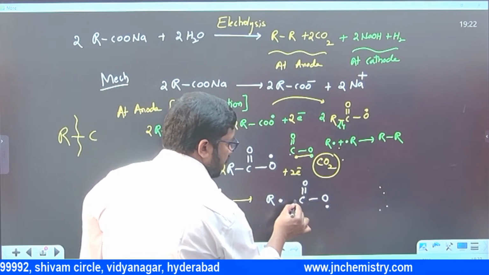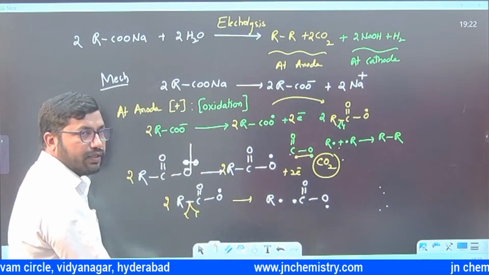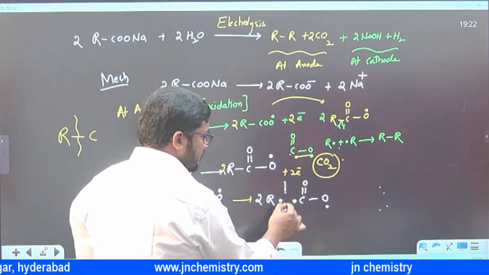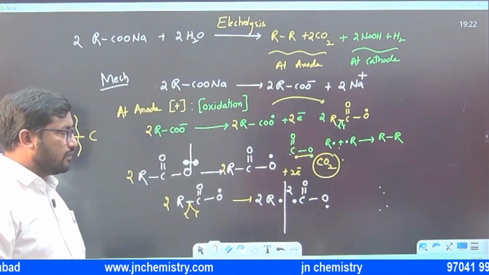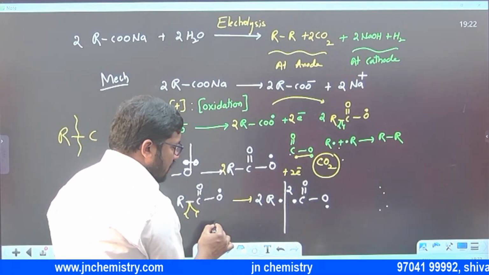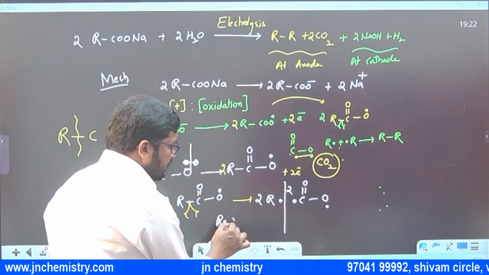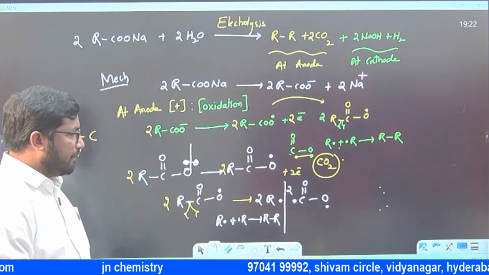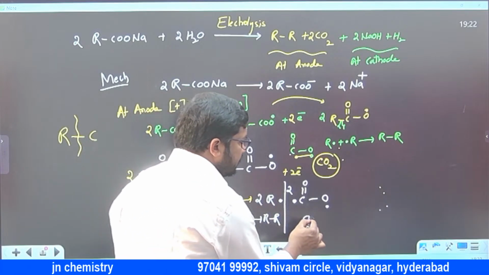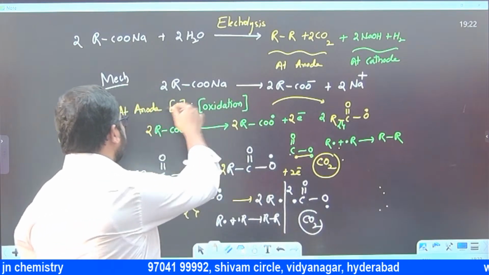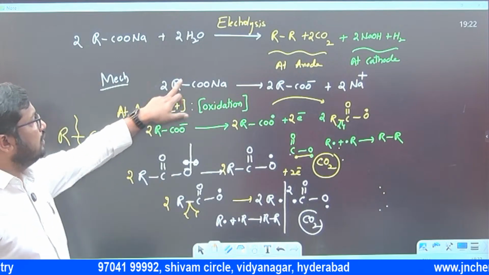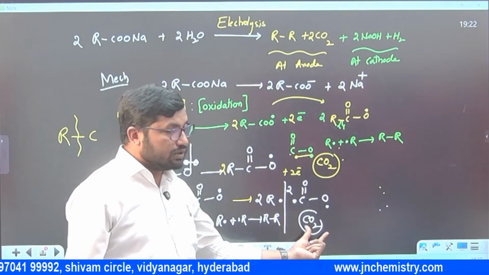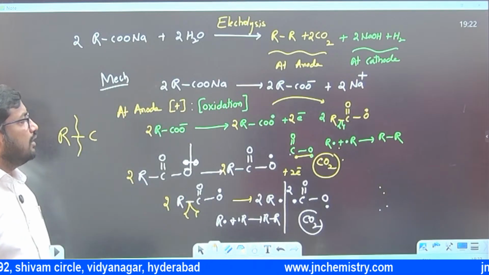We just break the bond like this. 2 moles, this is also 2 moles. So 2 R radicals, R radical plus one more R radical, R-R. Then the other radical forms CO2. So all these take place at anode, where R-R plus CO2 is forming. R-R means alkane, CO2 means carbon dioxide. Clear?